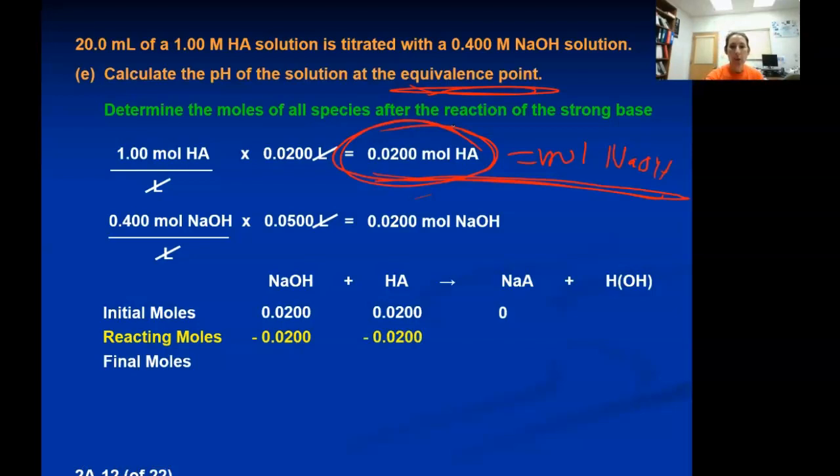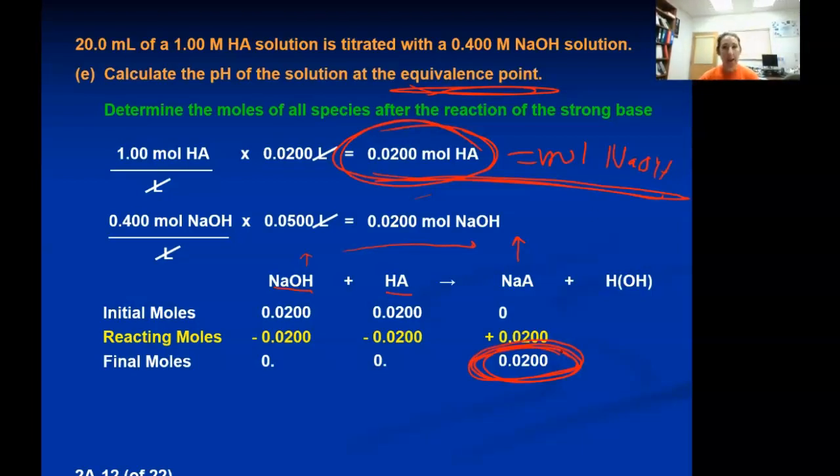So we've used all of our NaOH and our weak acid, but we're still going to have Le Chatelier's. If we add this, it's still going to shift over here by that amount. So our A- is still going to go up by that amount. Now all we have left is this A-, a conjugate base.